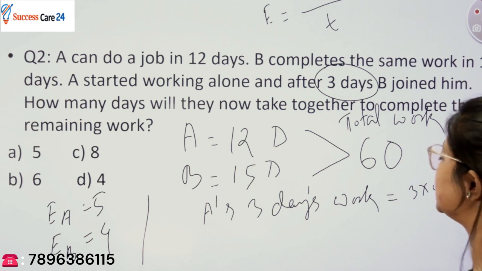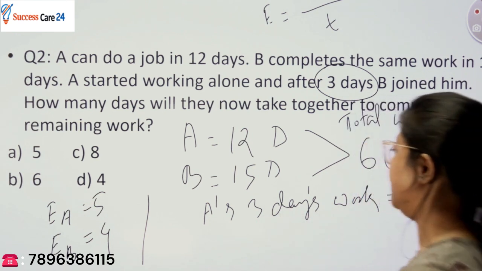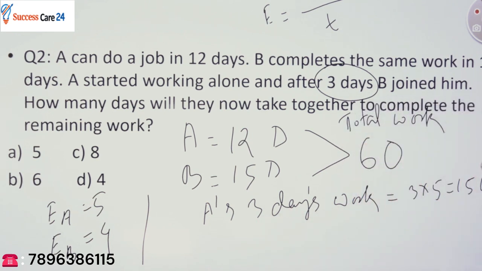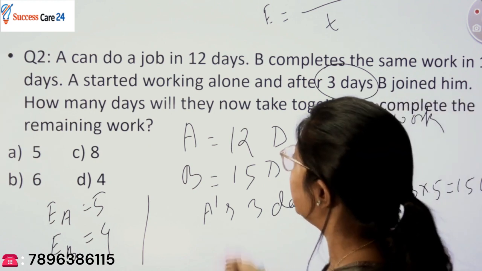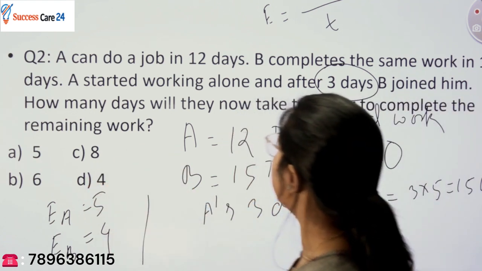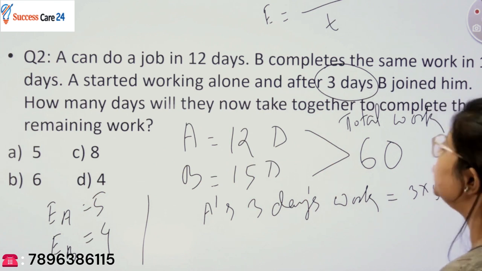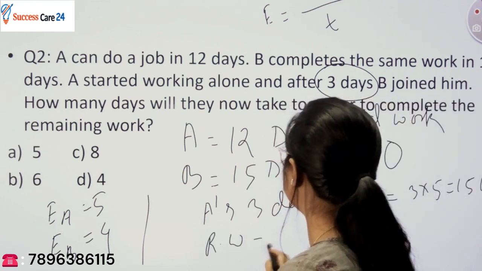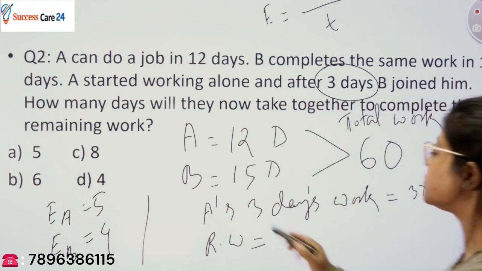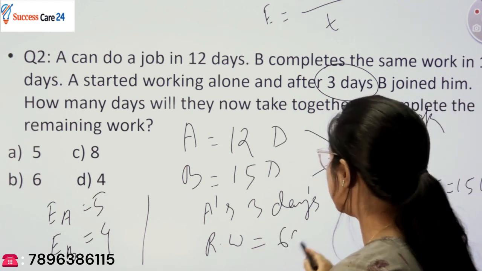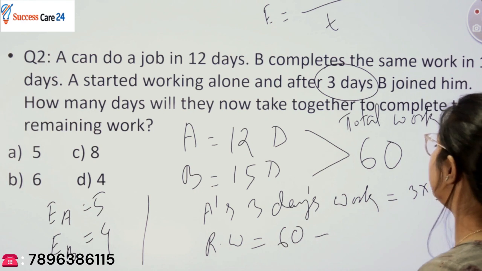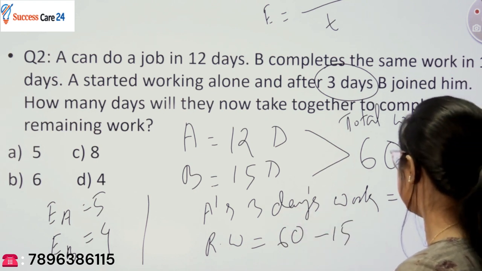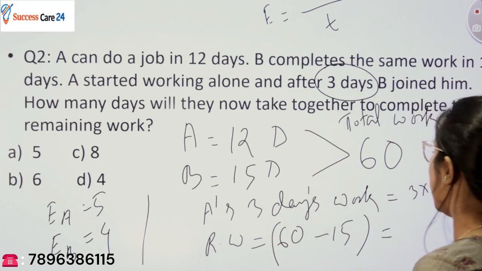So 15 units is the 3 days' work of A. After that B joined. You are asked to find how many days they will now take together to complete the remaining work. So what would be the remaining work after 3 days? Your total work was 60 minus A's 3 days' work, that is 15 units.